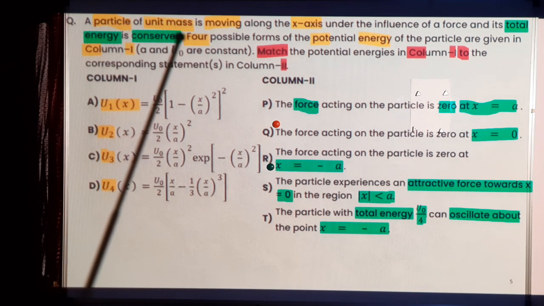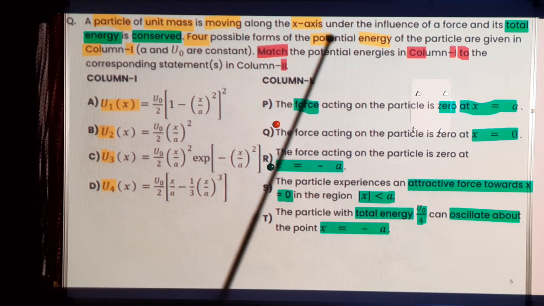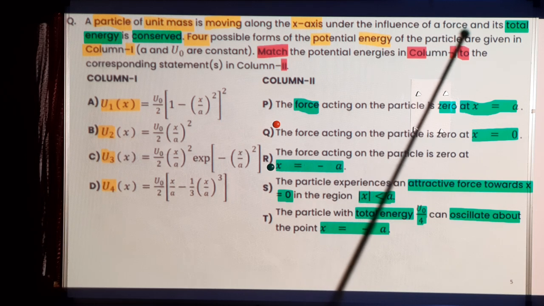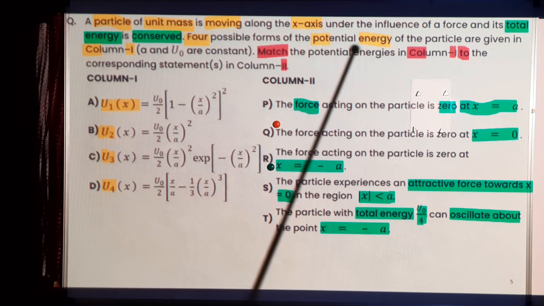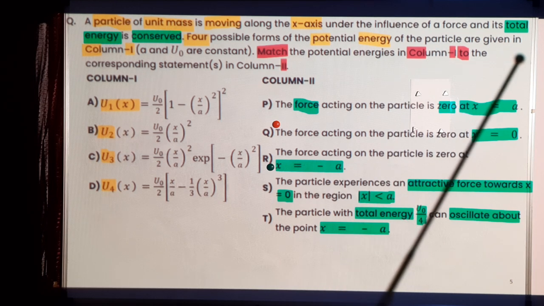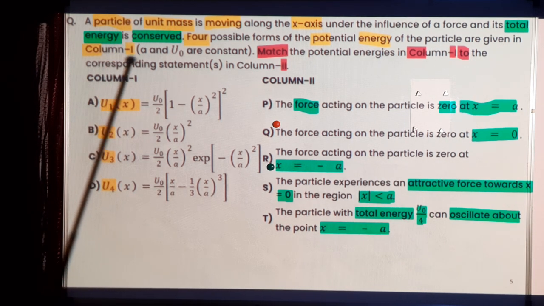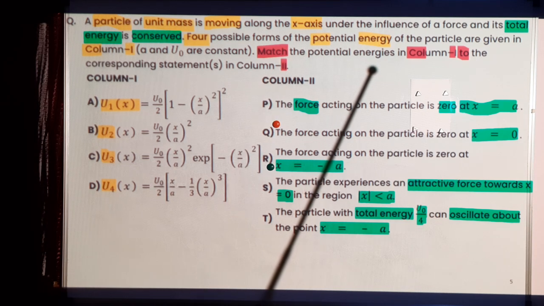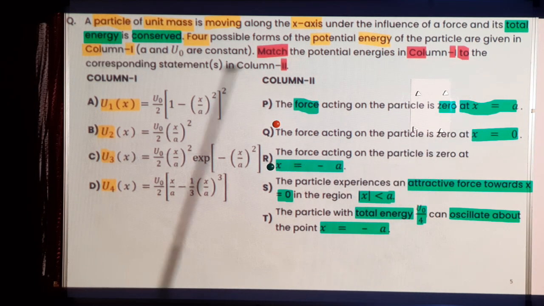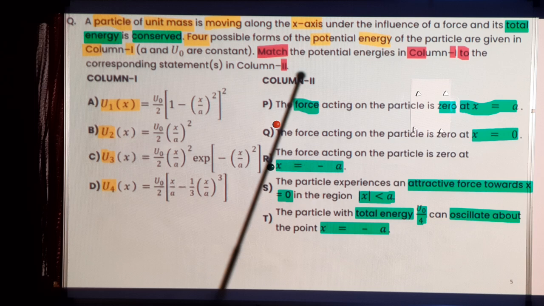A particle of unit mass is moving along the x-axis under the influence of a force and its total energy is conserved. 4 possible forms of potential energy of the particle are given in column 1. A and U0 are constants. Match the potential energies in column 1 to the corresponding statements in column 2.